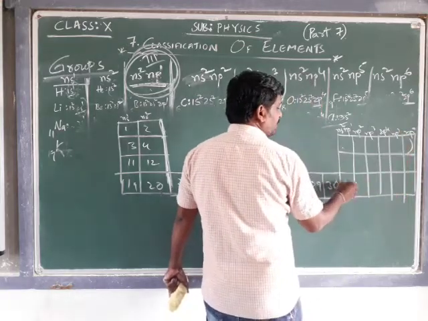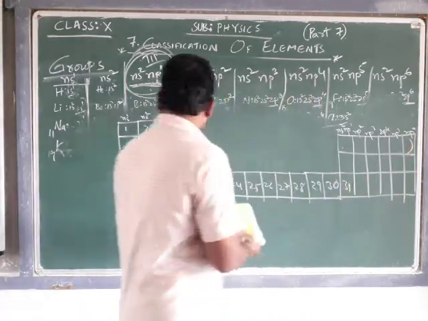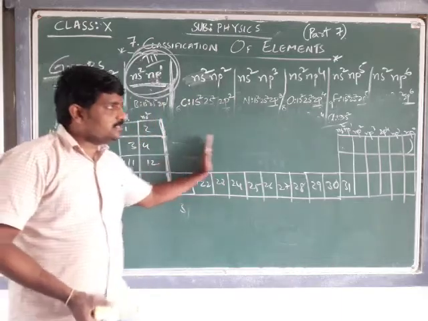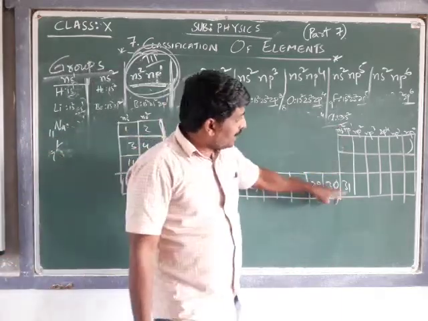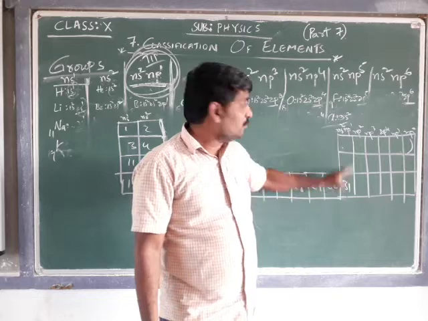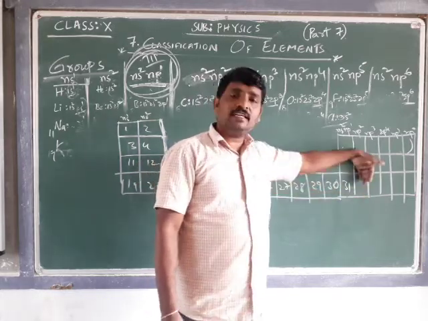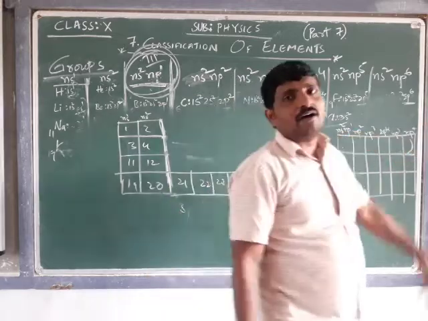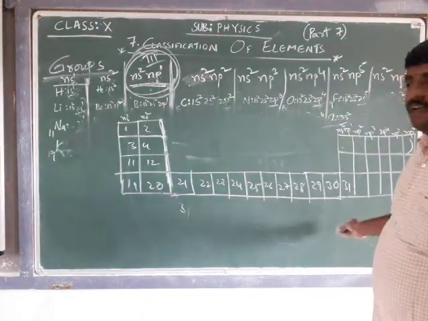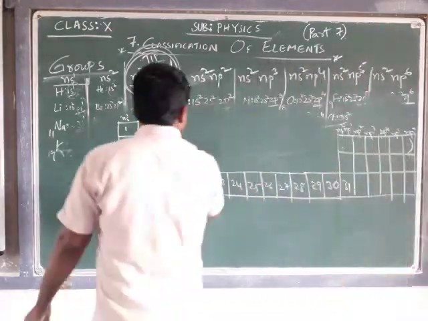So after this, as this column has been shifted 10 steps ahead, the 31st element, gallium, is going to have the same configuration, ns2 np1, then ns2 np2 for 32, and 34, 35, 36, all these elements are going to form this general form. Now the problem has been solved.